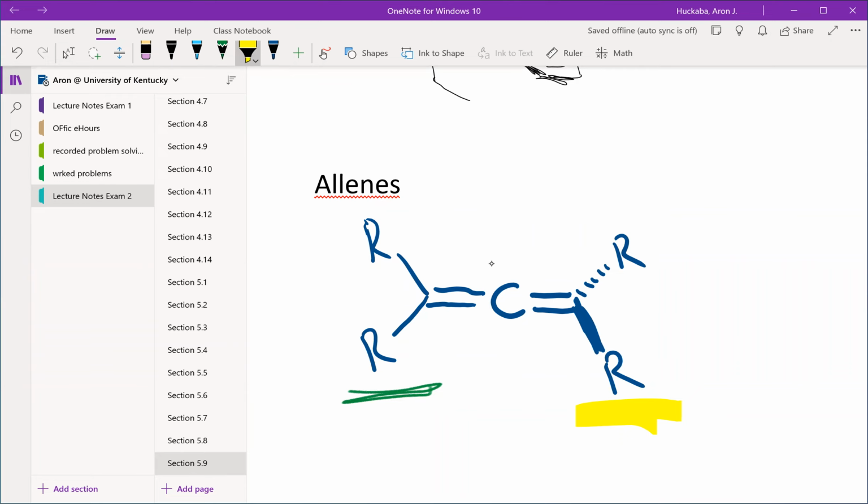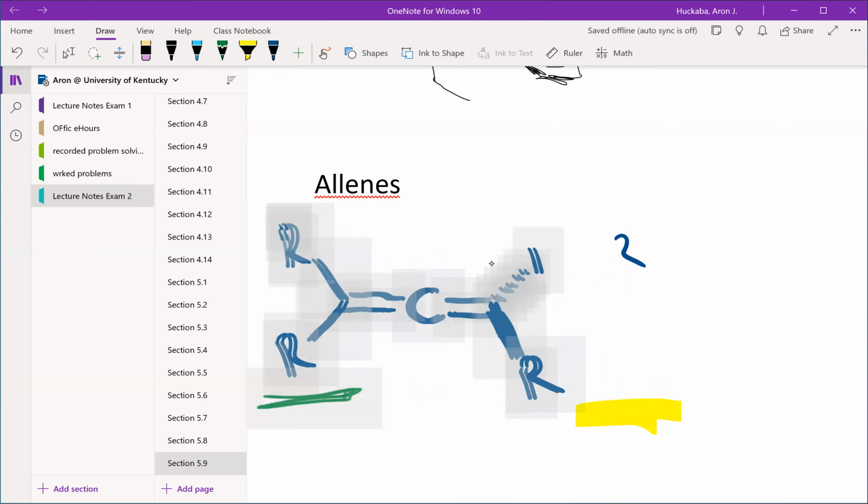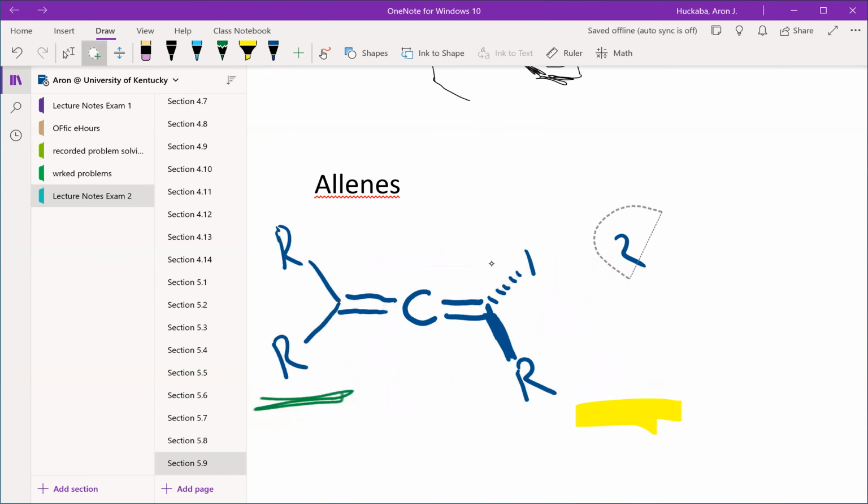And because of that, these are chiral molecules that you can separate into enantiomerically pure, meaning single enantiomer compounds. So if we were to make these, oh, I forgot the rest of the R there.